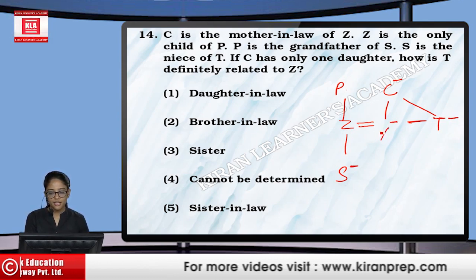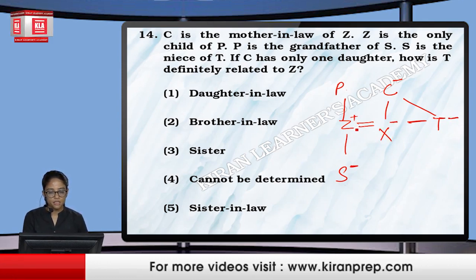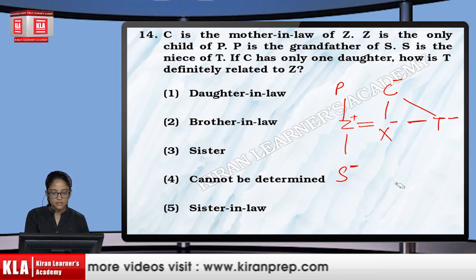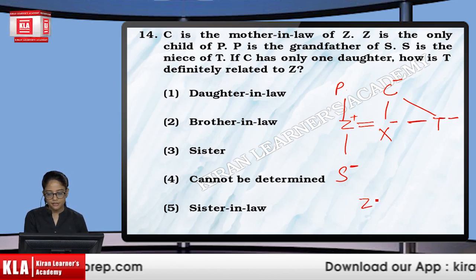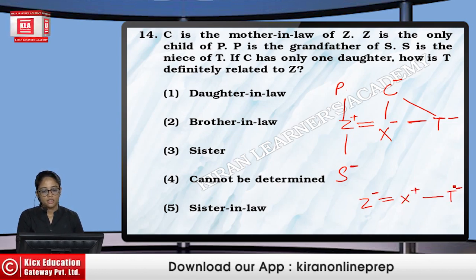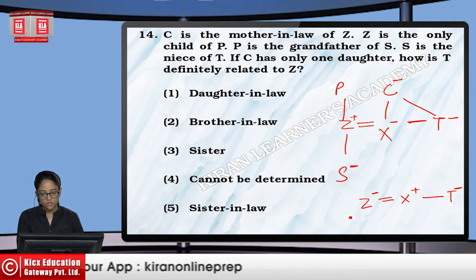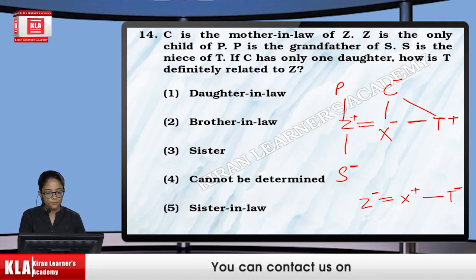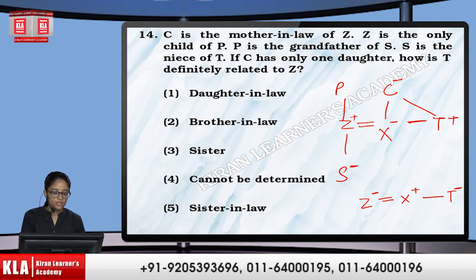If we consider X as the daughter, then Z will be a male, and then T will be sister-in-law of Z. But in the second case, if we create T as daughter, then T will be sister-in-law, and if we create X as a daughter, then T will be brother-in-law. So we say that it cannot be determined.